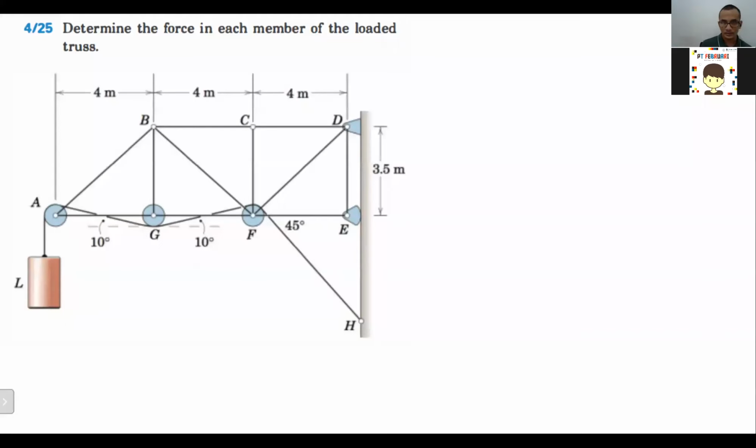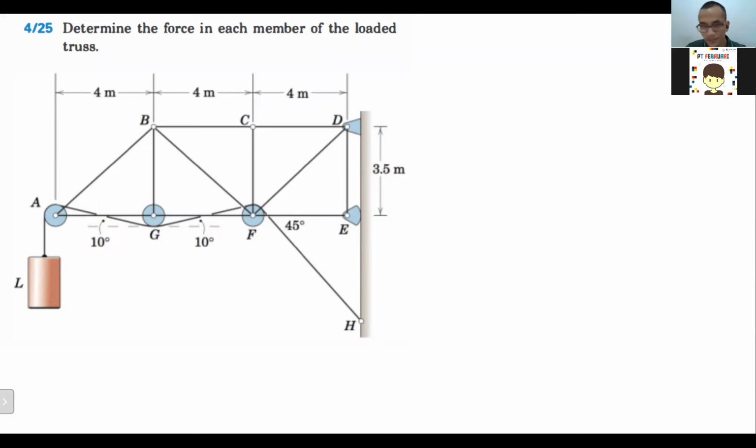Okay, as I told you guys yesterday, for today we will focus on discussing some problems on the truss, especially if we have to use the section method.